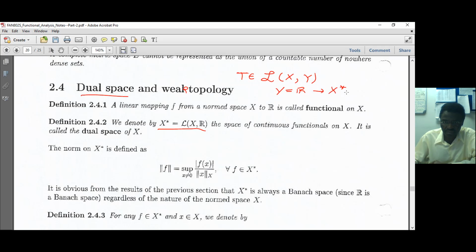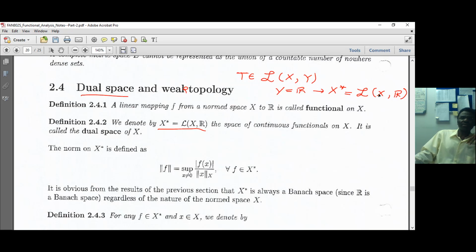So for Y equal to R, X star will be the space of bounded linear operators from the norm space X to the norm space R. Each time we fix Y to R, which is a Banach space, X star is what we call the dual of X. Now you see that R is fixed.